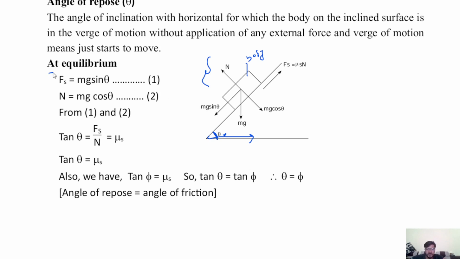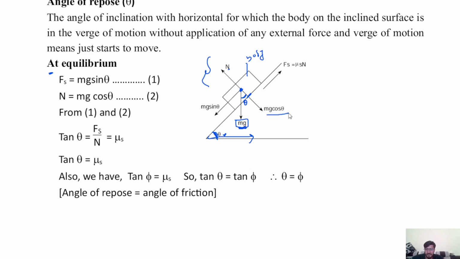So at equilibrium conditions, in this figure we can see the normal reaction from the inclined surface is in the upward direction, denoted by N, and the weight of this body is acting vertically downward, that is mg. This theta is equal to this theta. The vertical weight mg is divided into two components.